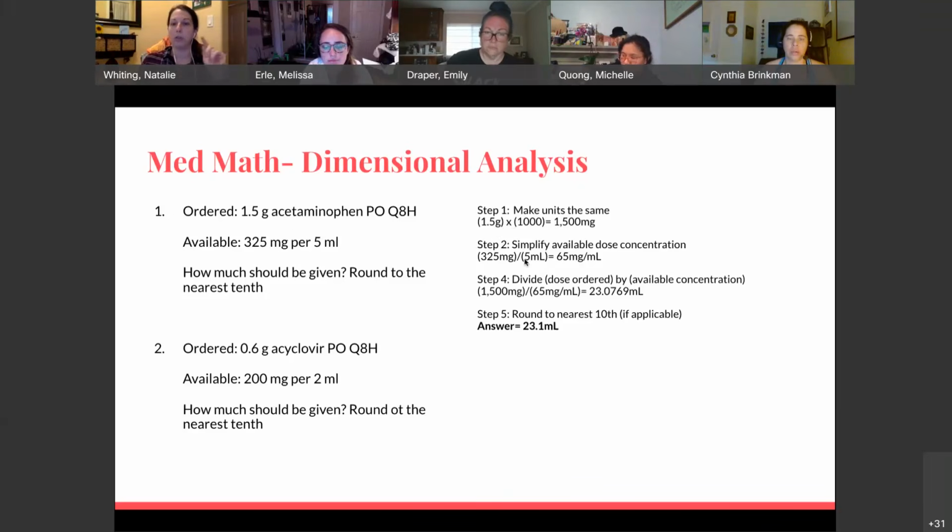I got 1,500 milligrams. Step 2, you want to simplify the available dose concentration. So that's what's available here, the 325 mg per 5 ml. And I got 65 milligrams per 1 ml. And then step 4, you want to divide the dose ordered by the available concentration.